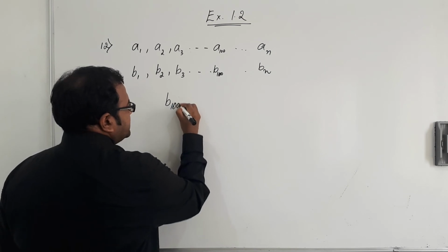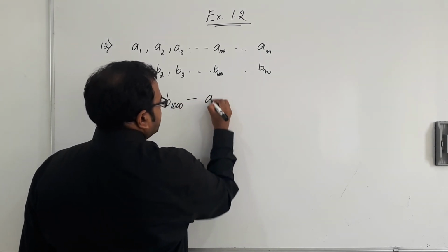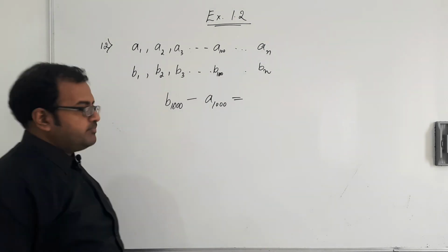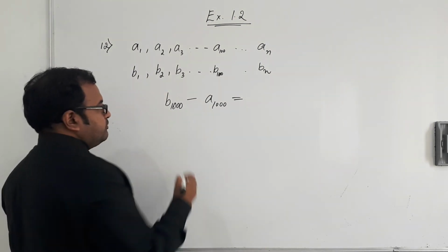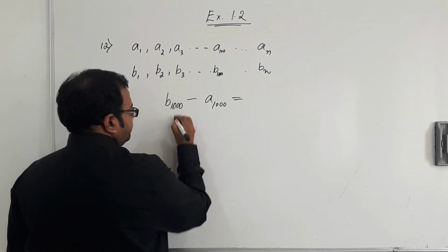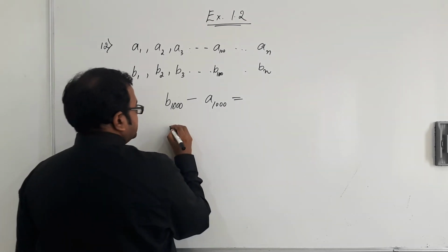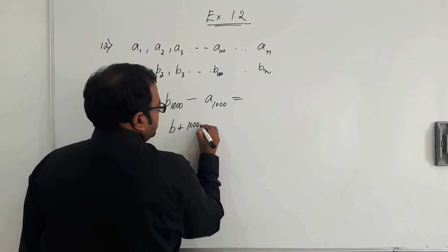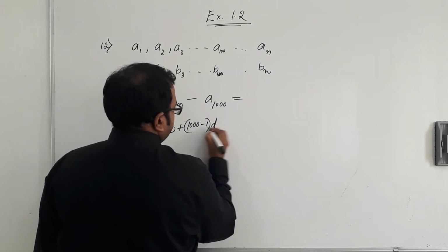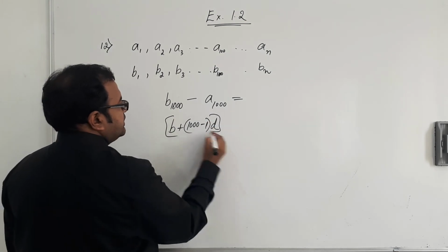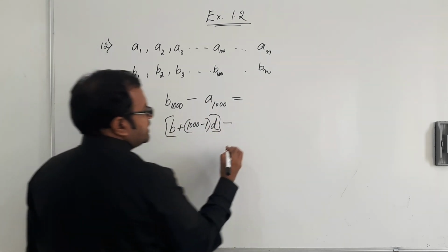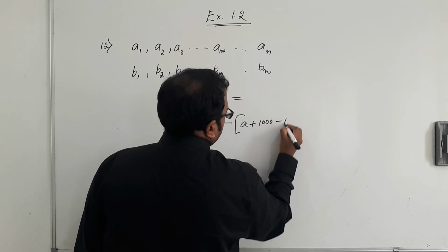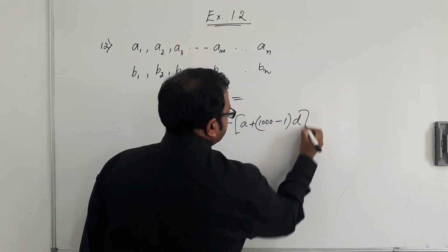The unknown part is B1000 minus A1000. This is what they have asked us to find. So what is B1000? I'll substitute the Bn formula here: B plus 1000 minus 1 into d, this is the first part, minus the second part, A1000, which is A plus 1000 minus 1 into d.